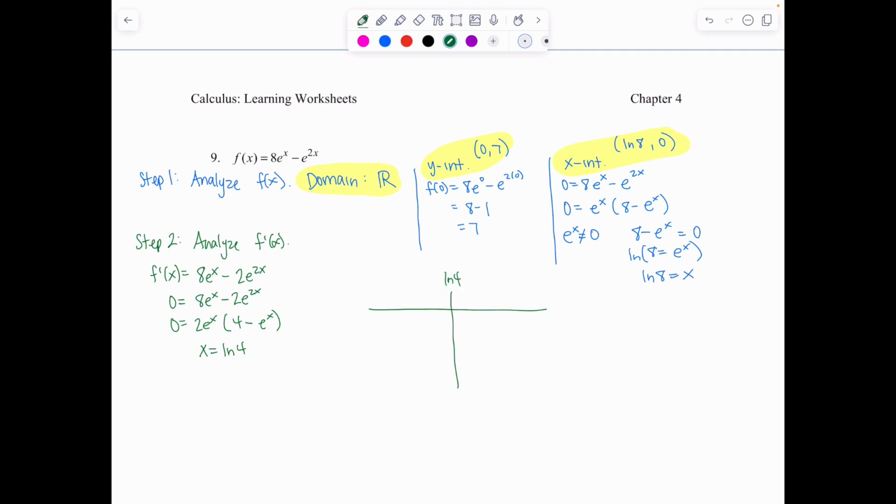Our value of natural log of 4. So less than that, we'll look at 0. Greater than that, we'll look at 2. Our derivative at 0, 8e to the 0 minus 2e to the 2 times 0 will give us 8 minus 2, so 6, positive, increasing.